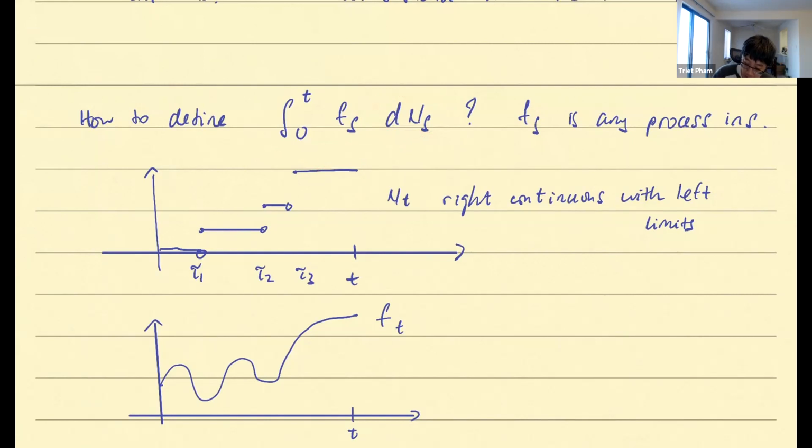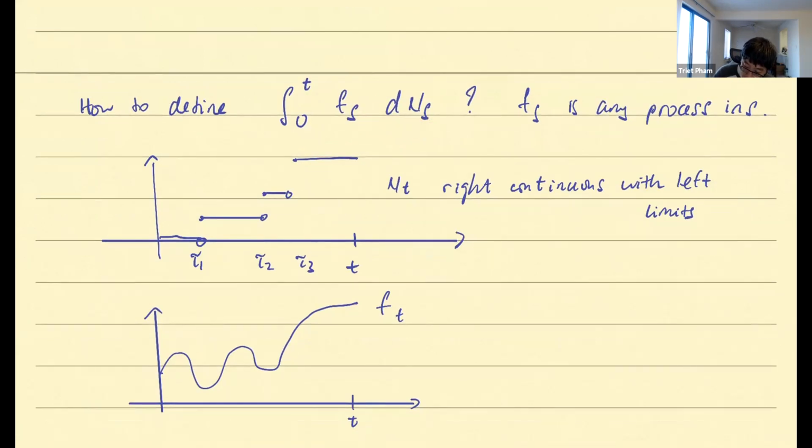So let me ask you this, for example. So here's a general picture for any t, right? Suppose that t is less than tau 1. What should be the integral like this? If I restrict t to be less than tau 1, right?